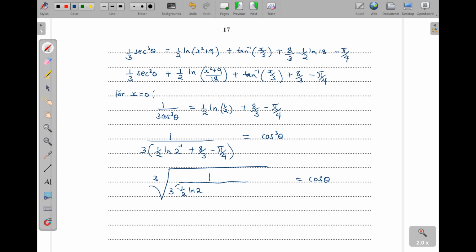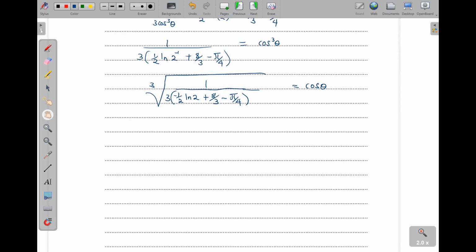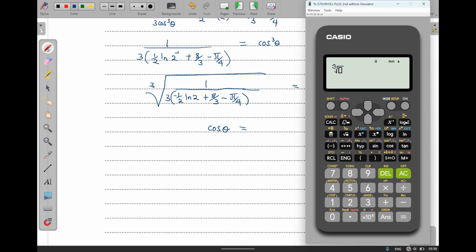But remember, there is a 3 which is multiplying everything here. So plus 8 over 3 minus pi over 4. Like that. So what will be our answer? So cosine of theta to 3 significant figures is going to give us the cube root of 1 divided by, we have 3 here, multiplying negative 0.5 natural log of 2, then after that, plus 8 over 3, then minus pi over 4.